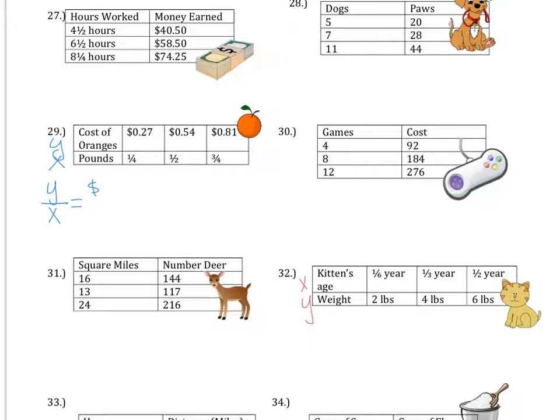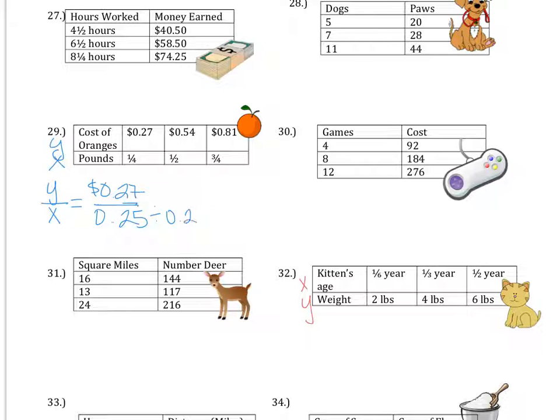You're going to take your 27 cents and you're going to divide it by 1/4. Now you can think about 1/4 instead of typing it in or doing the math with a fraction. You can go ahead and convert that 1/4 to 0.25 or 25 hundredths. And then you can just type in your calculator 27 hundredths divided by 25 hundredths.